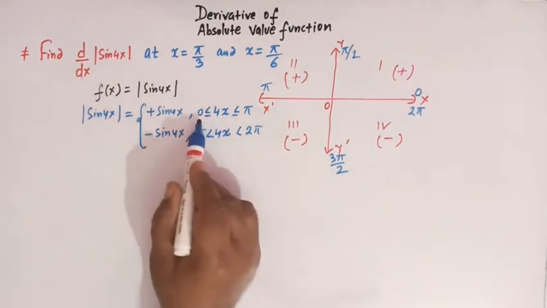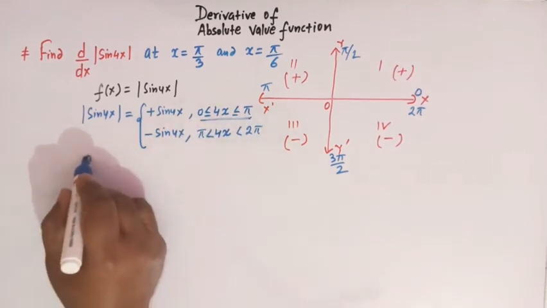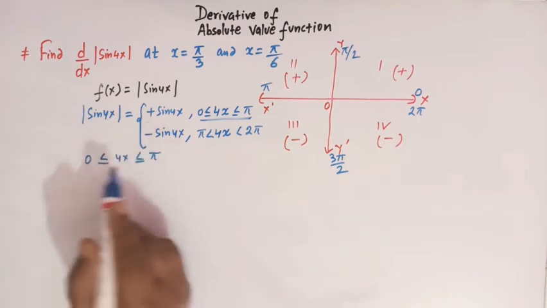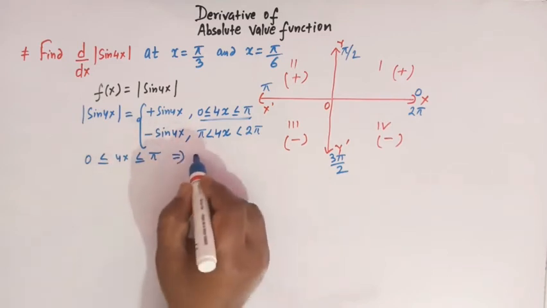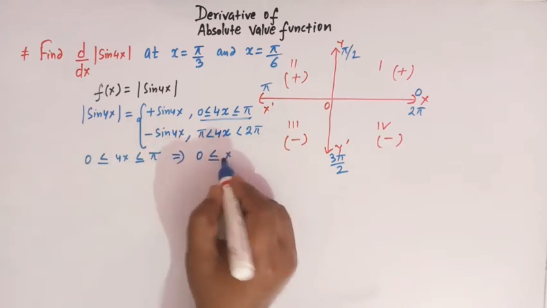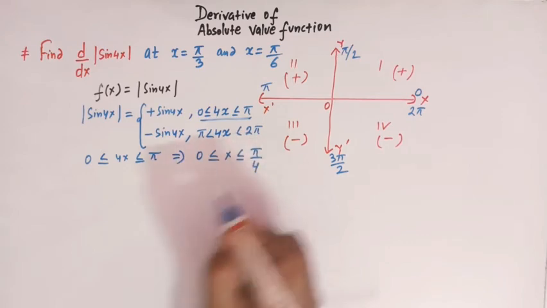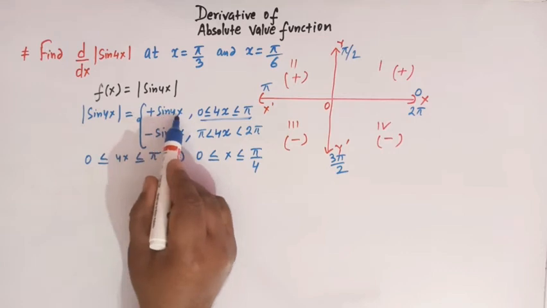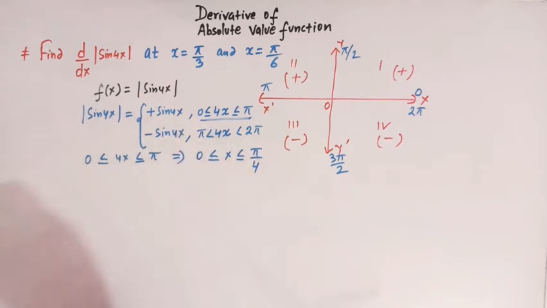And now let us see this inequality. Here we have 0, and here we have 4x and pi. If we divide throughout by 4, we get 0 is less than or equal to x, here the 4 gets cancelled, and now here we have pi by 4. So mod of sin 4x is plus sin 4x whenever x lies between 0 and pi by 4.